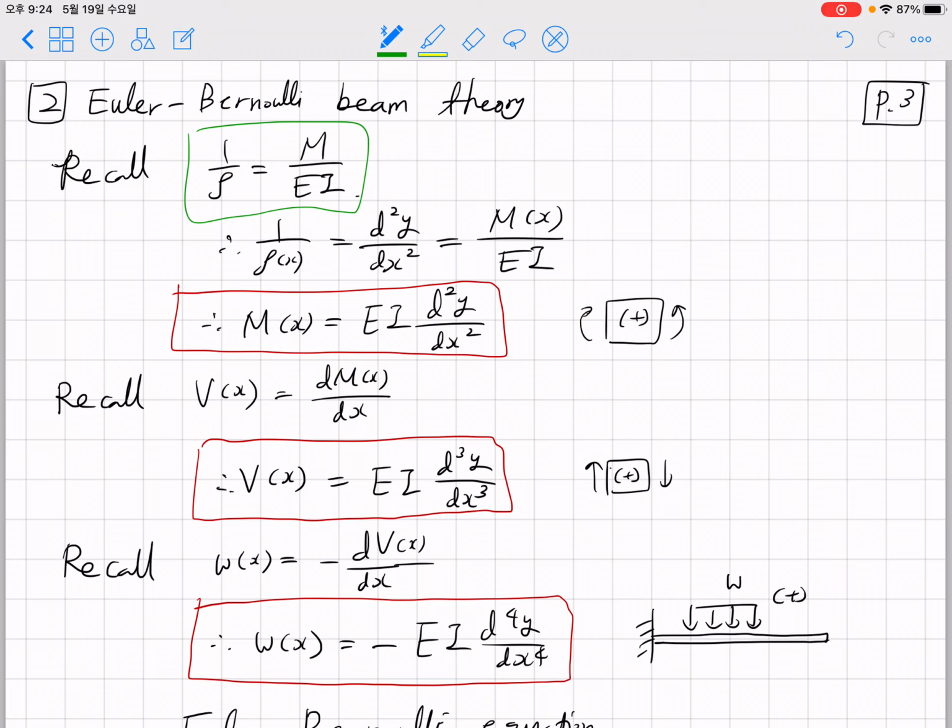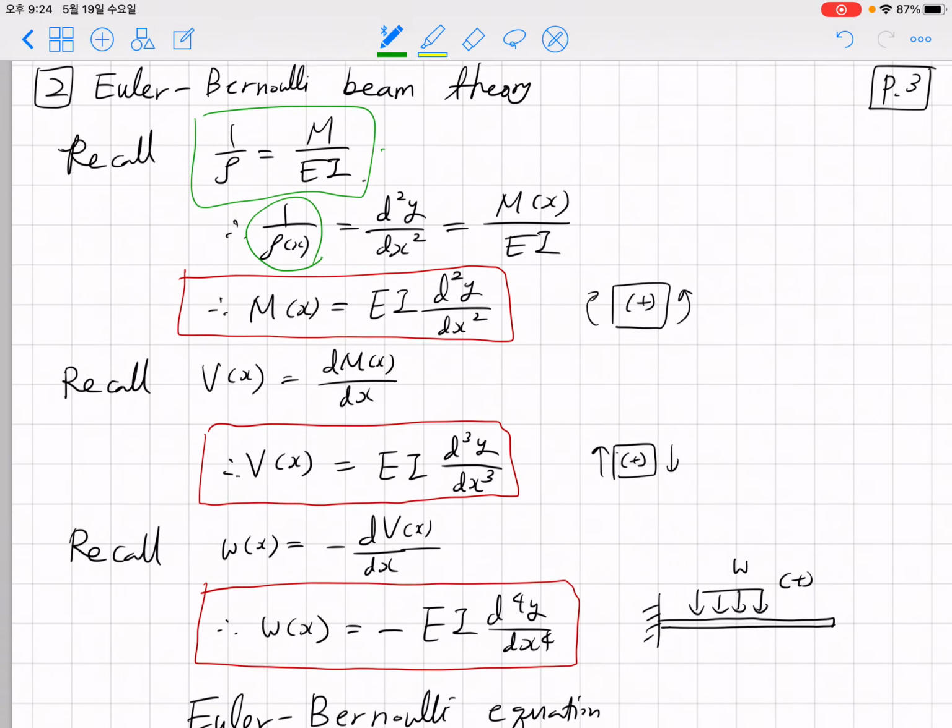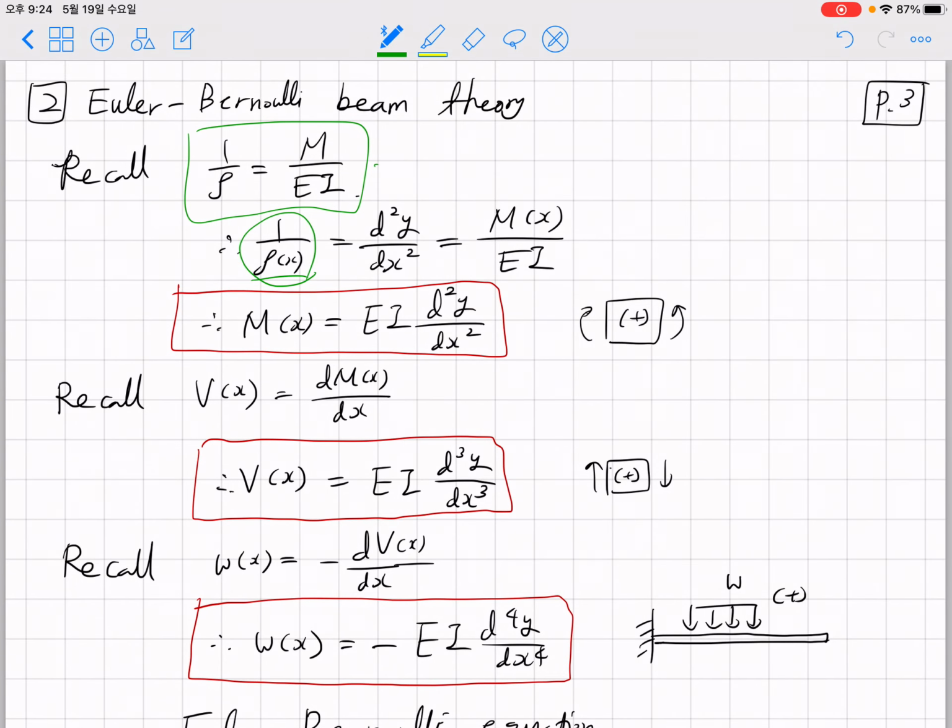Starting from here, we can connect this with the elastic curve, because the elastic curve indicates the local radius of curvature is simply 1 over the second order derivative of y with respect to x. So 1 over rho can be written as d squared y over dx squared.